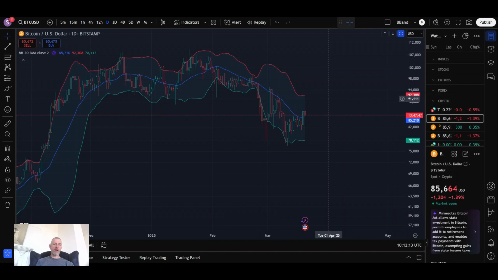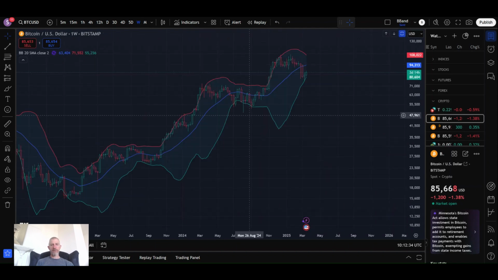So what does that mean? Well, it's about a $10,000 range, somewhere between $80,000 and $90,000 on this daily time frame. Either side of that will obviously set up a trending move, but in between those two prices, it's exactly that, a range. Now, I think, interestingly, let's check out the weekly.